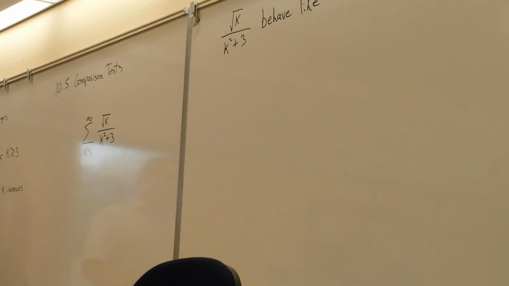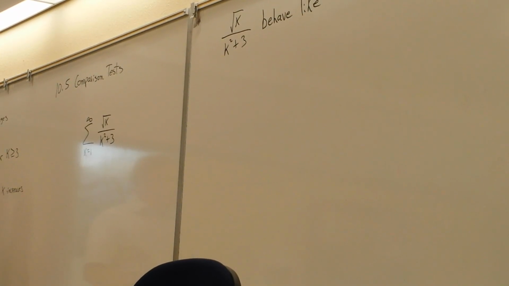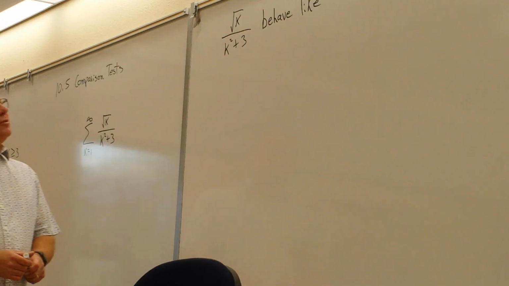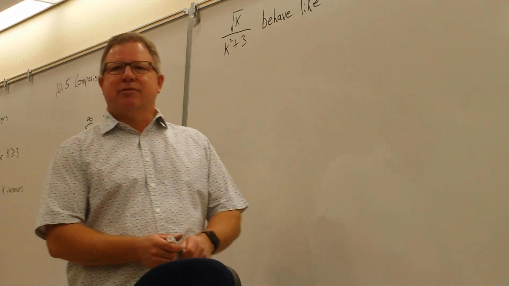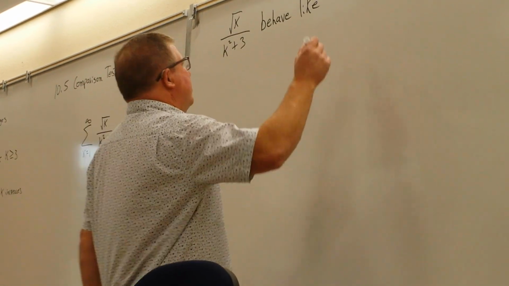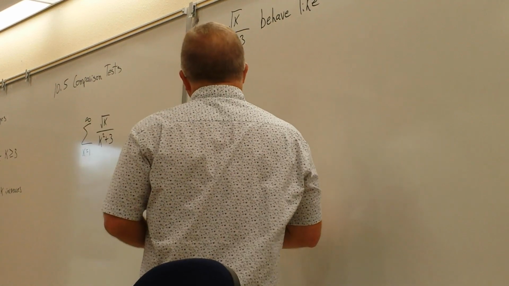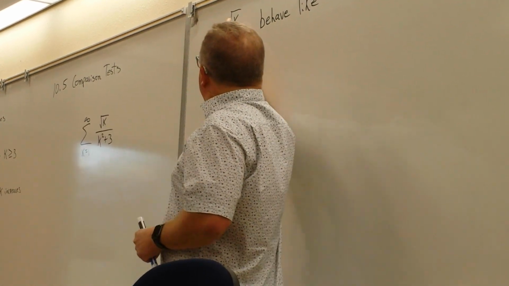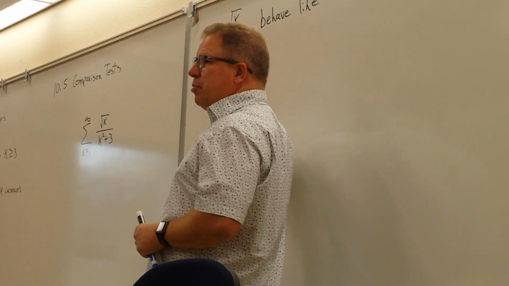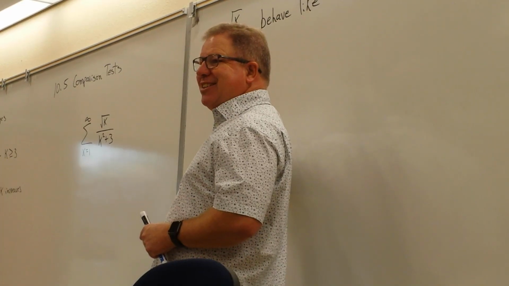So what does this behave like? It's like 1 divided by square root of k. Okay, so basically, for large values of k, the plus 3 has very, very little effect, doesn't it?